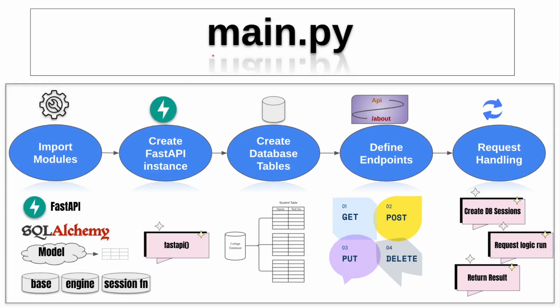Now let's understand this main.py file. First of all, we will import the necessary modules, that is, of course, FastAPI, then SQLAlchemy, then the model from the model.py file, then the base, engine, and session from the mysql.py file.